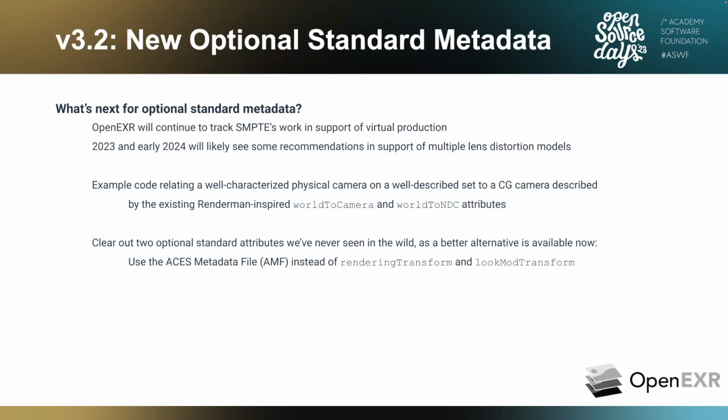I think it's finally time to kill off 2 attributes in the existing implementation that, as far as we know, have never been used. The rendering transform and the look mod transform, which were intended to carry or point to CTL, the color transform language. And nowadays, the up and coming way of specifying what those transforms are is the ASIS metadata file. And so we are planning on retiring these in favor of that. And next slide.